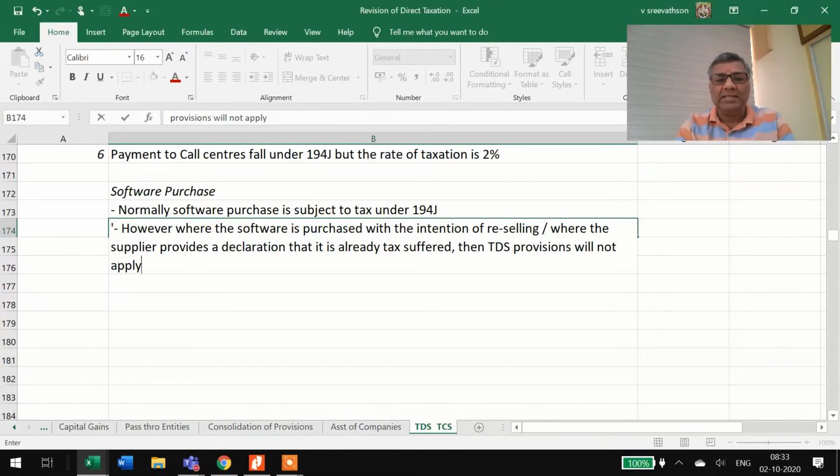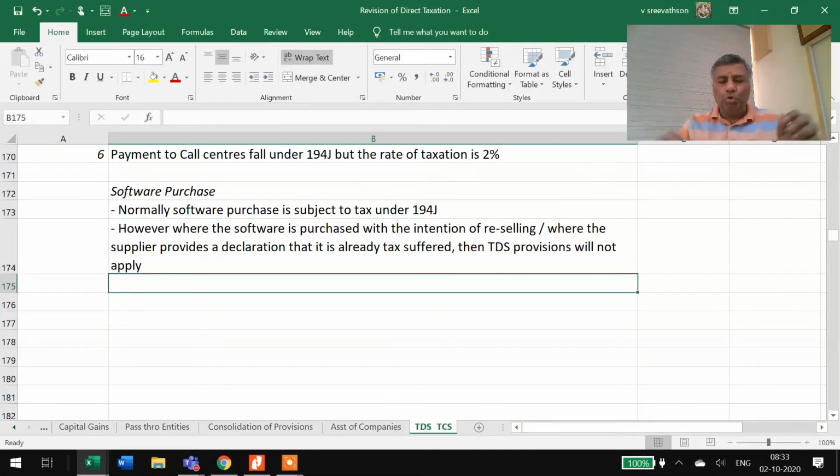So there are two cases where TDS provisions will not apply: where the software is purchased with the intention of reselling, or where the supplier provides a declaration, boss, I have already paid the tax for this.